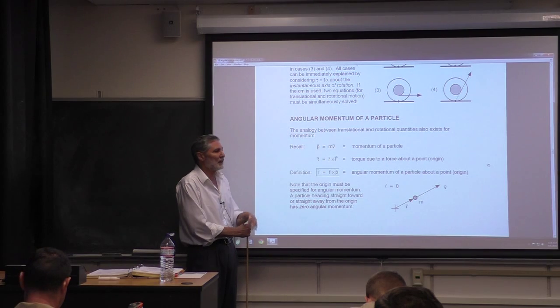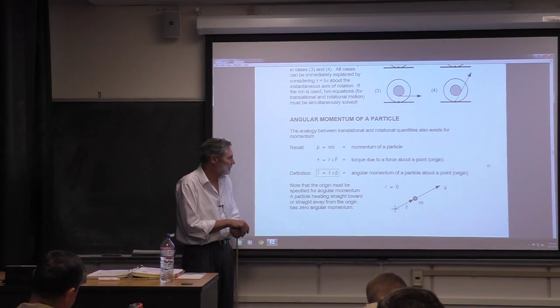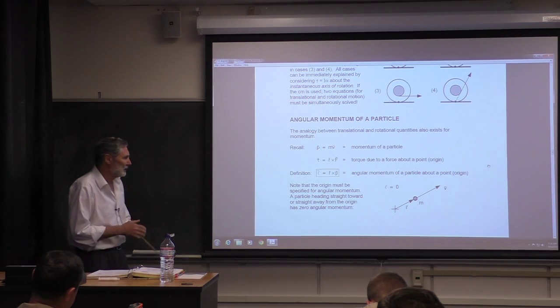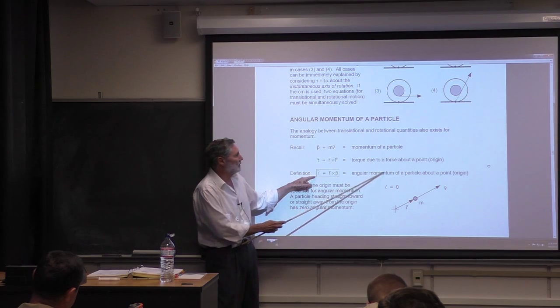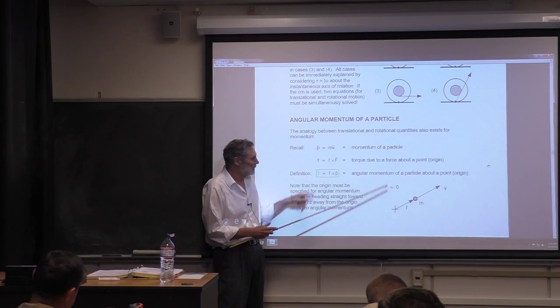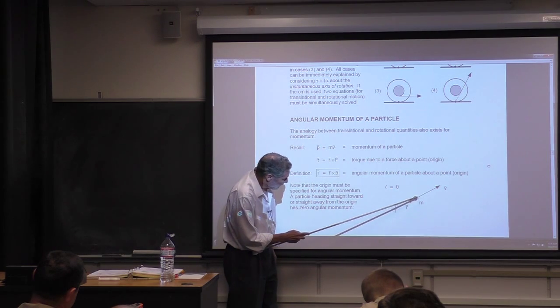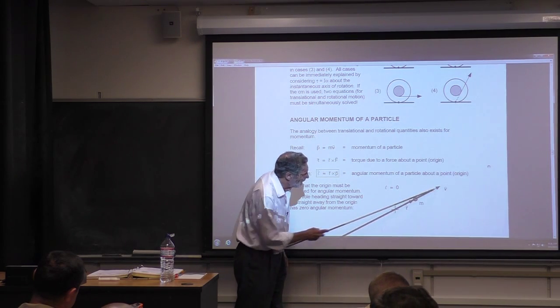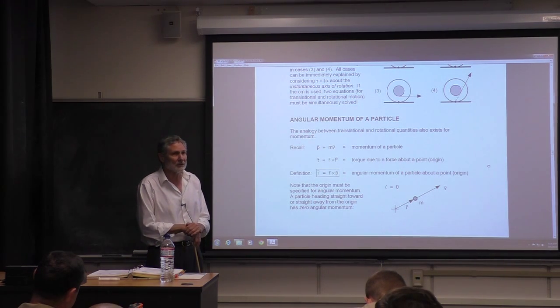And from that we can get the angular momentum for an object. We just have to sum up all the individual angular momenta. Now I want you to notice a special case. This depends upon the origin, right? Here's an example. If my origin is here and the particle happens to be going straight out or coming straight in, what's the angular momentum? It's 0.